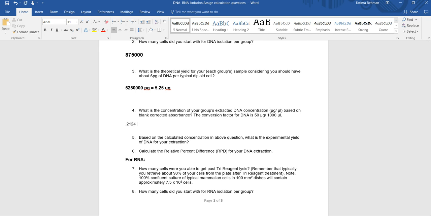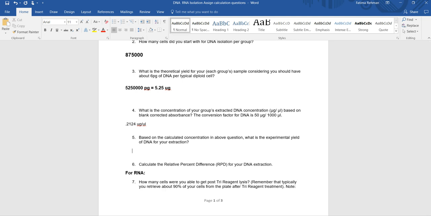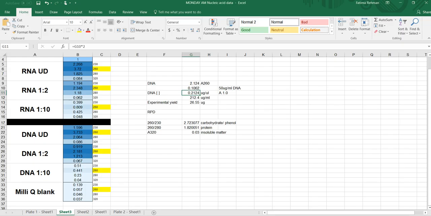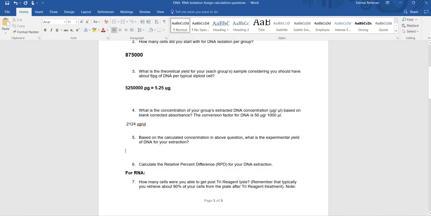And then based on this, what is the experimental yield? It is going to be the number that I just got, 26.55 micrograms of DNA. And then the relative percent difference you would do accordingly.